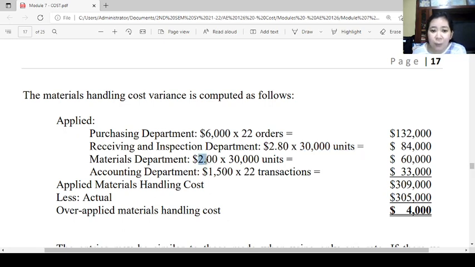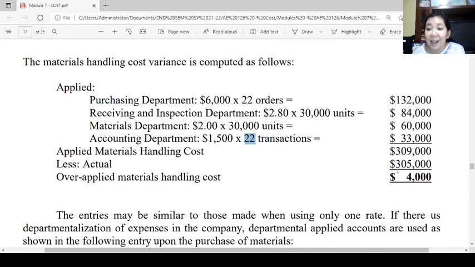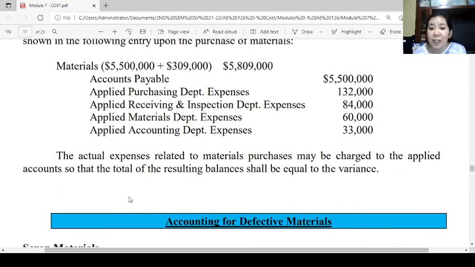Materials department, 2 times actual number of units. Accounting department is 1.5 times actual number of transactions. So the total applied materials handling cost is 309 minus the actual departmental cost of 305. So the over applied materials handling cost is 4,000.